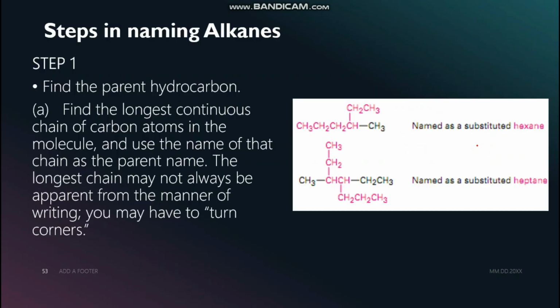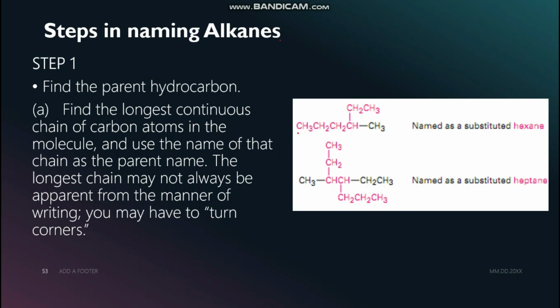Step one is we find the parent hydrocarbon. We find the longest carbon chain, the one with the most carbon atoms. It is not always straight; we would have to turn corners, okay?